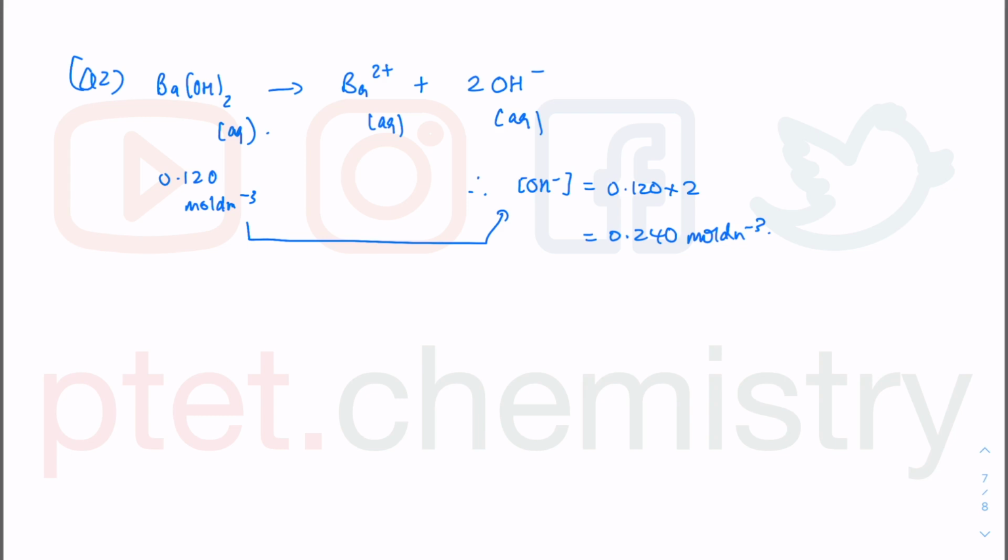So that's your first job. If your OH minus is 0.240, then we can work out Kw equal to 1 times 10 to the power minus 14 equal to H plus times OH minus. And I want to find my H plus concentration, so 1 times 10 to the power minus 14 divided by OH minus concentration, which is 0.240.